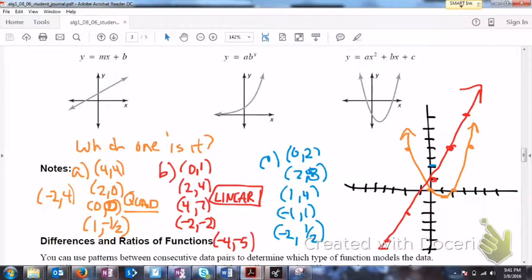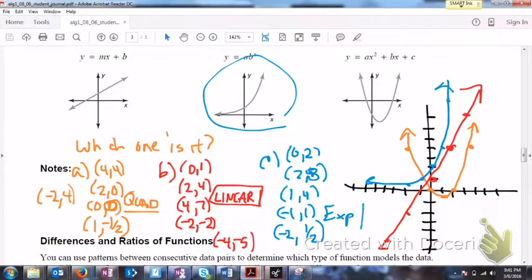Well, let's graph them. (0, 2), right about there. (1, 4), right about here. Skipped one. Got to do (2, 8), and be way up here. (-1, 1), and (-2, 1/2). Yep. What happens if I connect those? That is exponential. As you can see right here, that one is exponential.